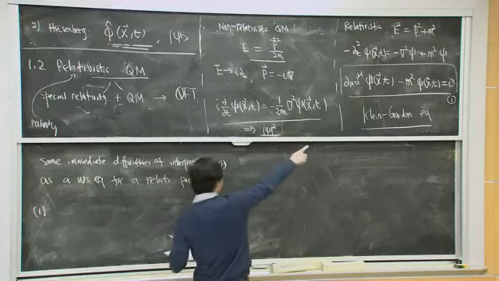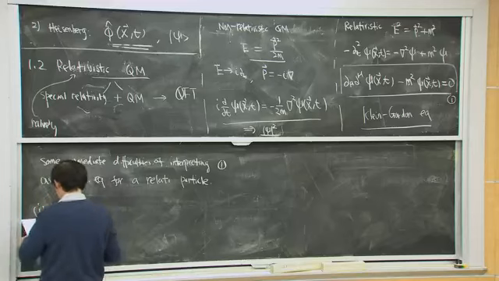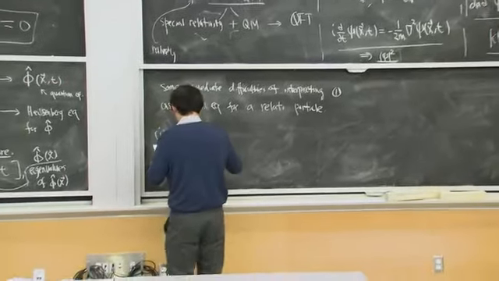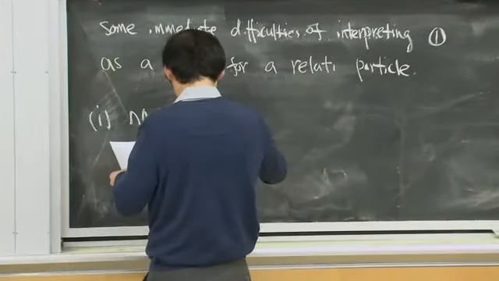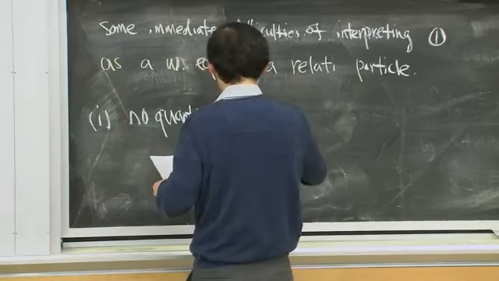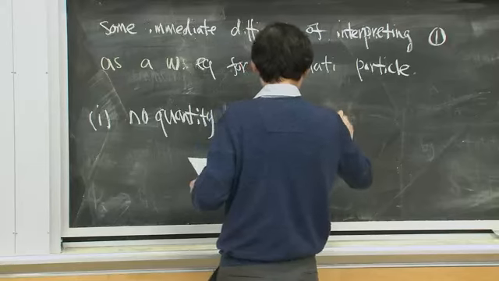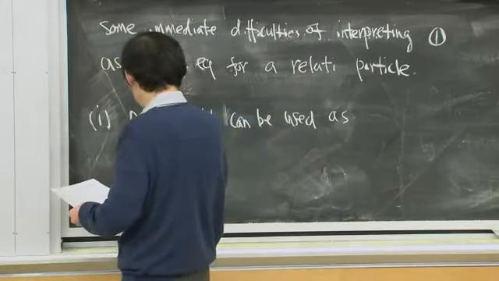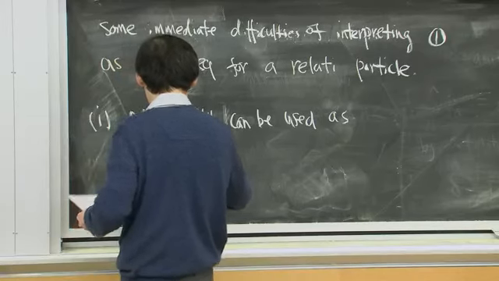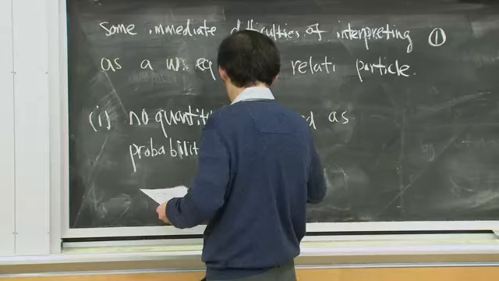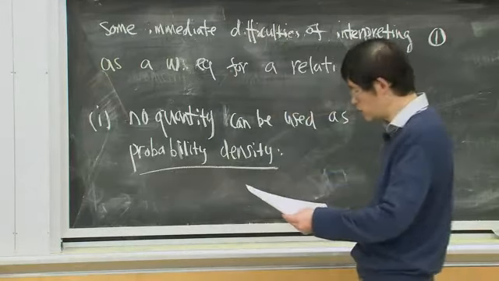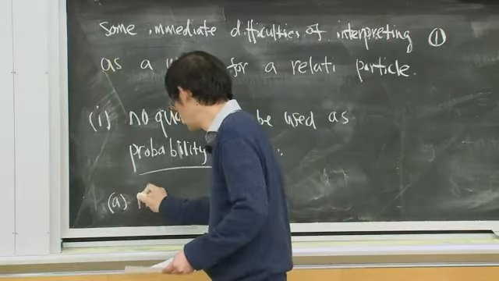But for the relativistic equation, you can show there's no quantity that can be used as probability density. Probability density by definition should satisfy two conditions. The first condition is that it's non-negative.